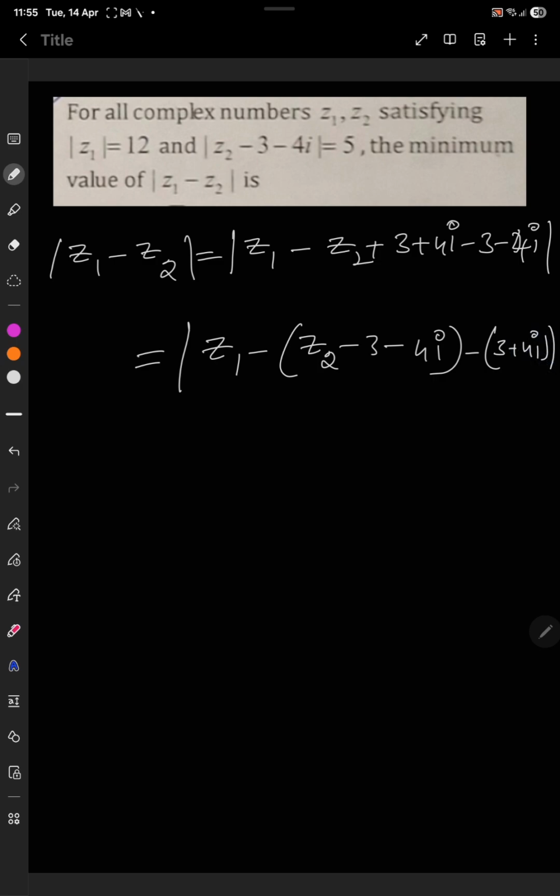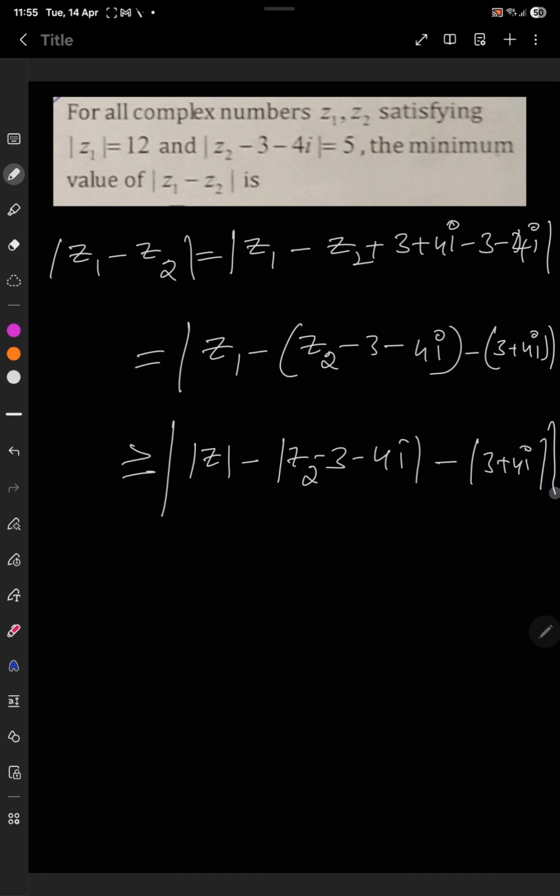So this is in the form mod of z1 minus z2 minus z3, and is greater than or equal to mod of mod z1 minus mod z2 minus 3 minus 4i, and minus mod of 3 plus 4i. This is in the form of mod of z1 minus z2 is greater than or equal to mod of mod z1 minus mod z2.